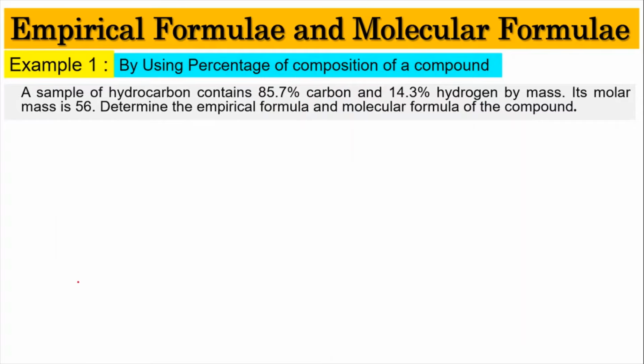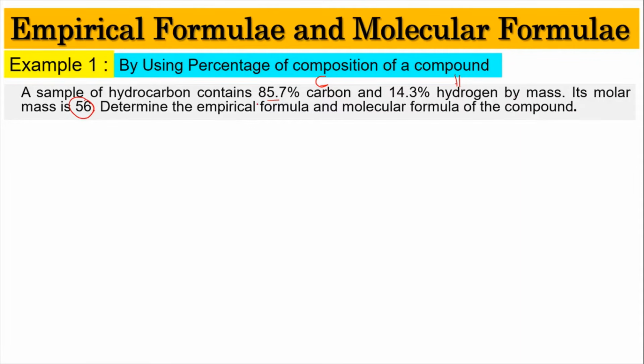For example, number 1, which is by using percentage composition of a compound. A sample of hydrocarbon contains 85.7% carbon, labelled as C, and 14.3% hydrogen by mass. Its molar mass is 56.